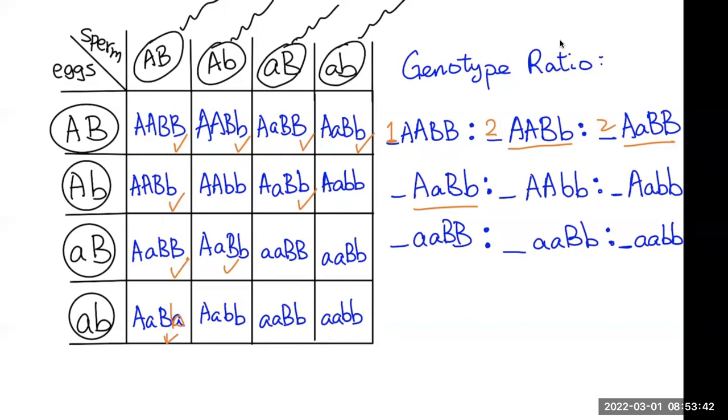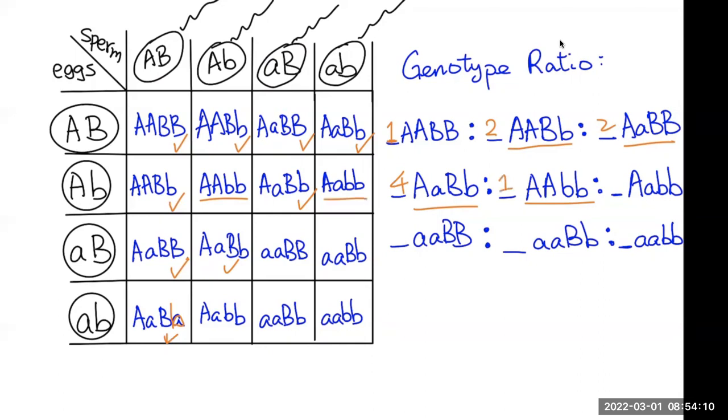So 1, 2, 3, 4. Okay, now the next one, big A, little b. So I see this one right here, and that's the only one that I see with that particular combination. So that'll be 1.